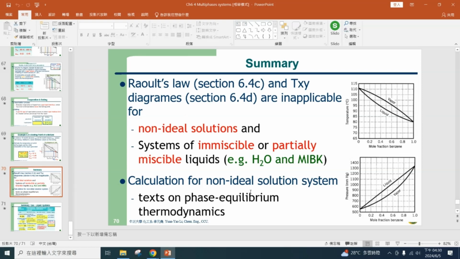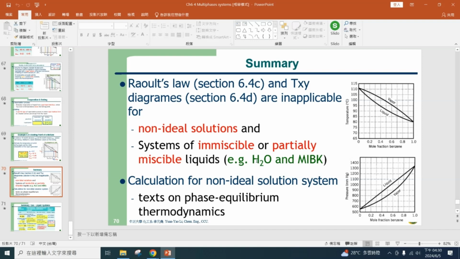For the summary of this binary system, this is incapable for non-ideal solutions. This is for ideal solutions only. This graph is for ideal solutions only, and also this graph is not suitable for systems with immiscible or partially immiscible liquids.